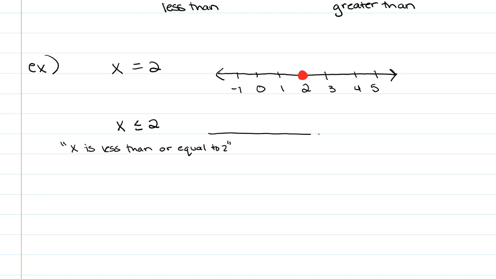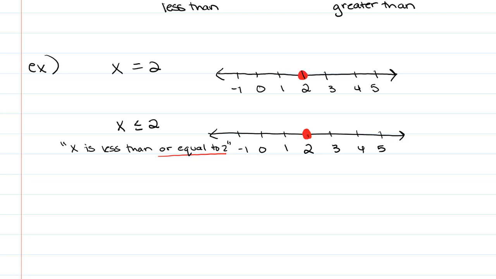I'm going to draw it on the same number line. Remember, we want to make sure to get our endpoint in there. Our endpoint is 2. This endpoint is going to be filled in because this line here tells us that x can be equal to 2.